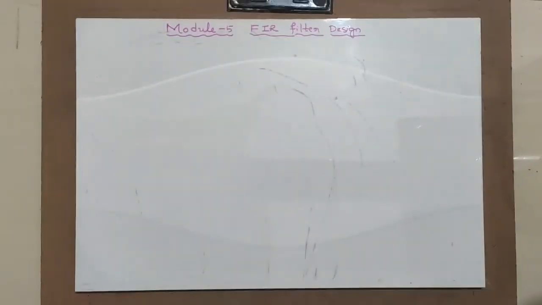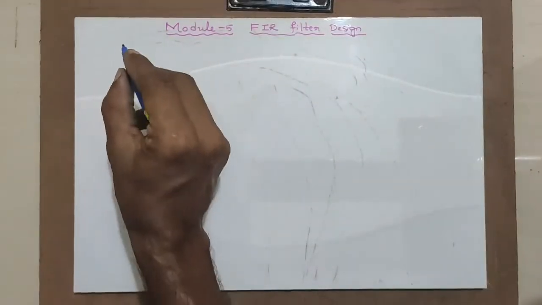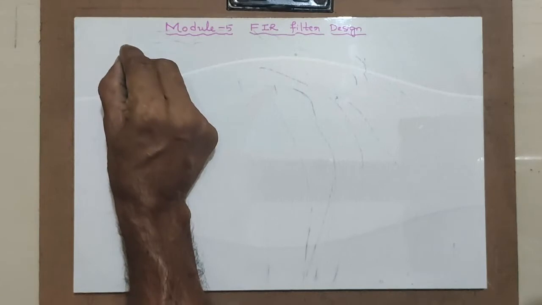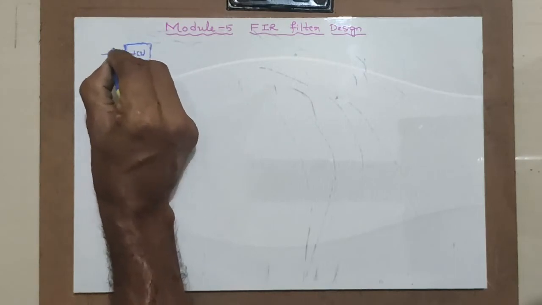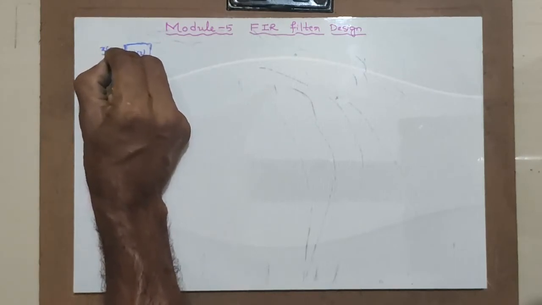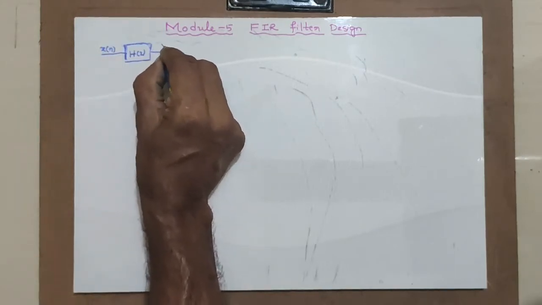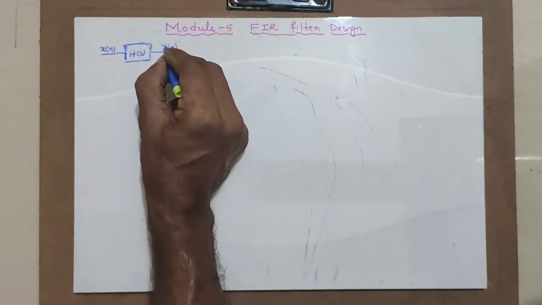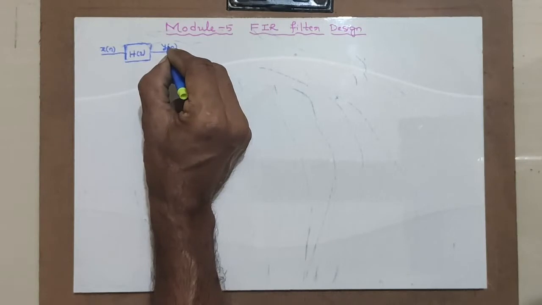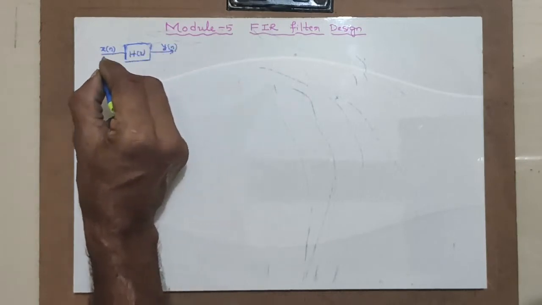You know that a filter is a frequency selective circuit. Let us consider a block which is a filter H of Z. Now you know that input X of n is given and output Y of n is obtained, but whatever output you are getting is limited in frequency.